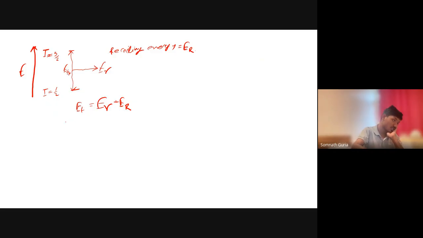We can rearrange it: E of gamma ray equals E transition minus E of my recoiling energy.